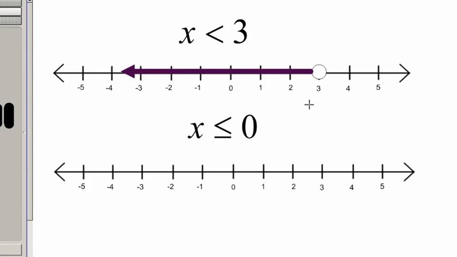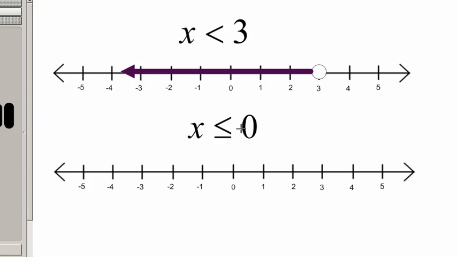Now let's look at this next inequality. It's x is less than or equal to 0. So now I'm including this boundary of 0. So I'm looking for all the values that are less than 0 or equal to 0.